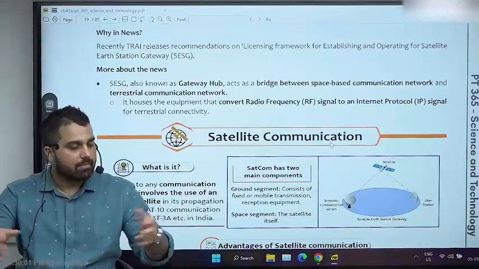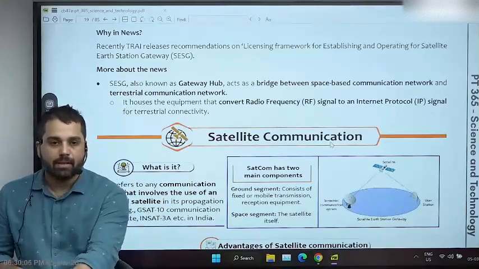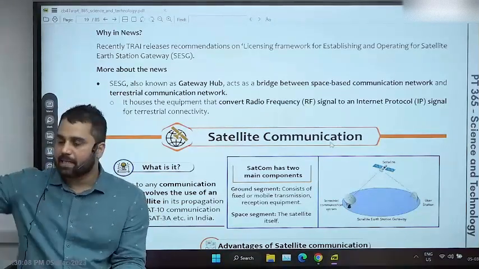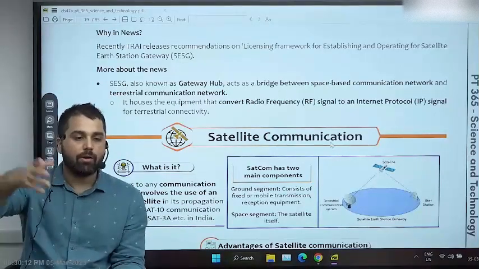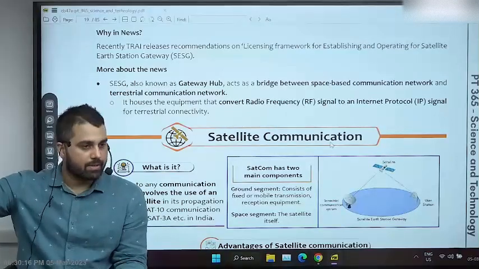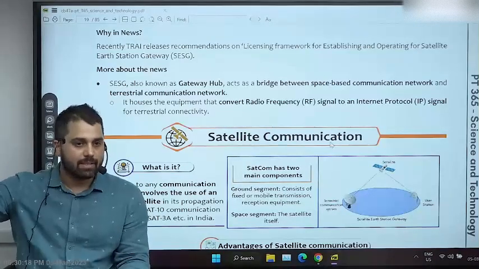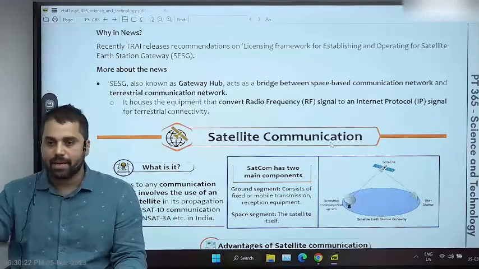Or an even better example of a gateway: all of our mobile phones are connected to a Wi-Fi router. So one Wi-Fi router, but all of us, let's say, are accessing different websites. One Wi-Fi router can actually take a request and send it in different directions. So that is working like a gateway.